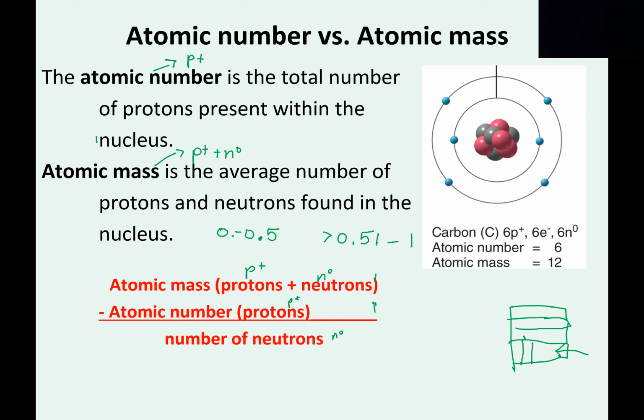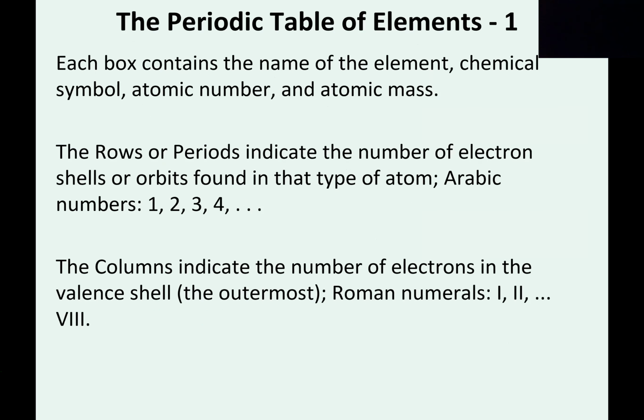All right, so the periodic table. Each box contains the name of the element, the chemical symbol, the atomic number, and the atomic mass. For chemical symbol, you'll need uppercase or uppercase and lowercase. You need to make sure that you don't just draw or make a shortcut, because that would be wrong.